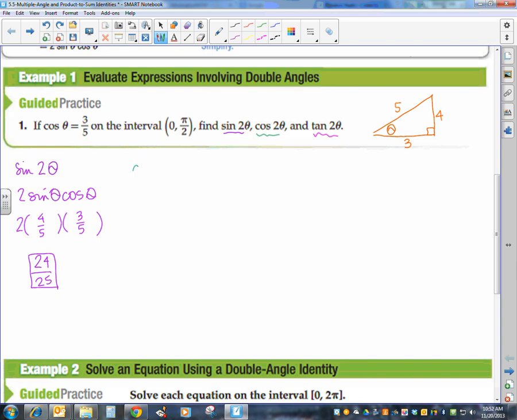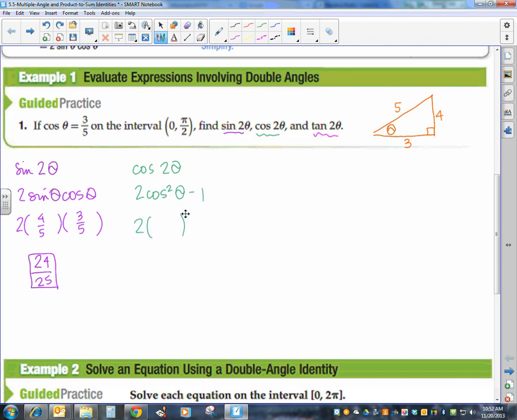Now let's look at the cosine of 2 theta. You have 3 formulas. I would go with what they gave me. So if they give me the cosine, I'm going to use, I said I was going to work down, didn't I? Cosine of 2 theta. I'm going to use the formula that has just the cosine in it, in case I make a mistake calculating my sine. So the cosine of 2 theta, the one with only a cosine, is 2 cosine squared theta minus 1.